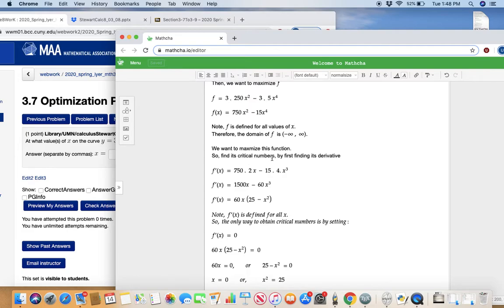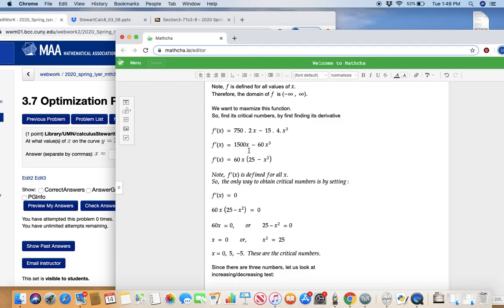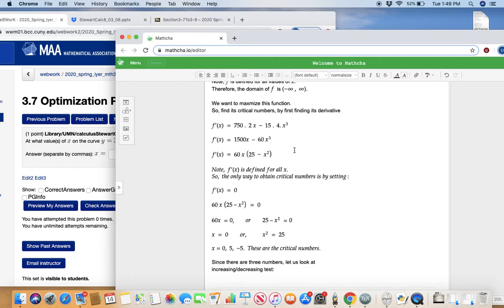How do you find critical numbers of any function? You take its derivative. In particular, this function's derivative: 750, 2 comes down, x, minus 15, 4 comes down, x cubed. Simplifying, 750 times 2, 1500, x minus 15 times 4, 60, x cubed.